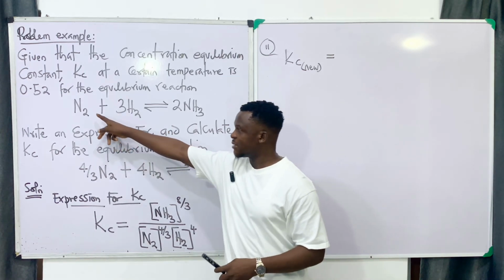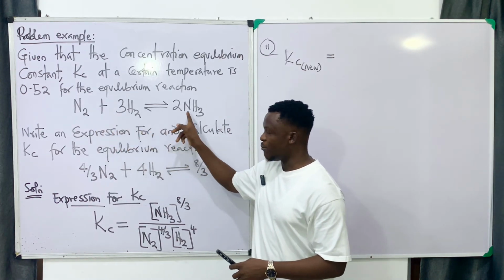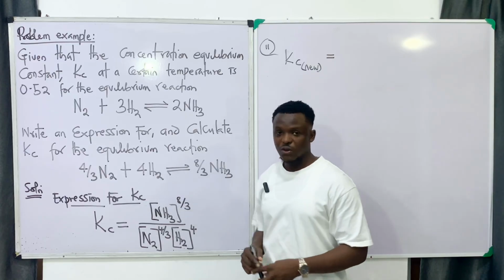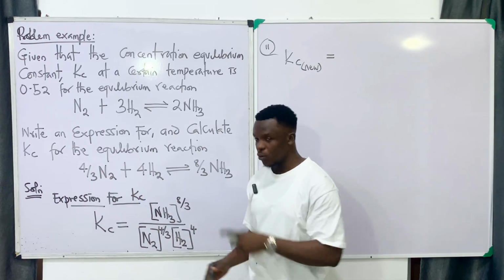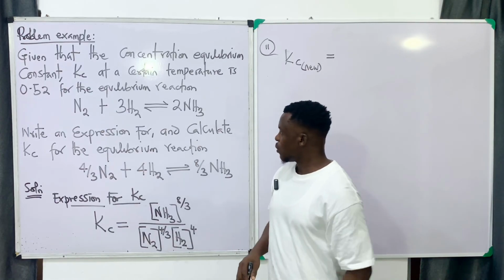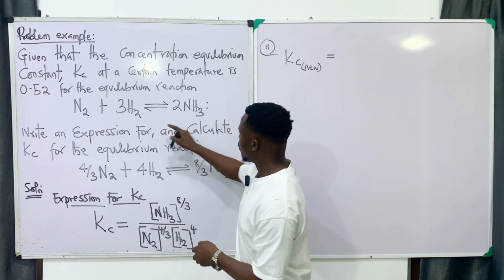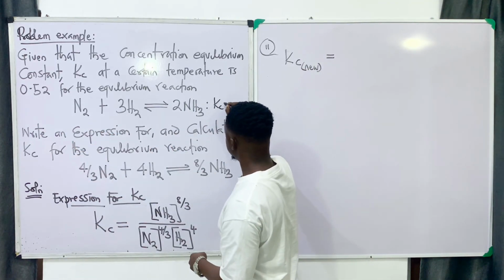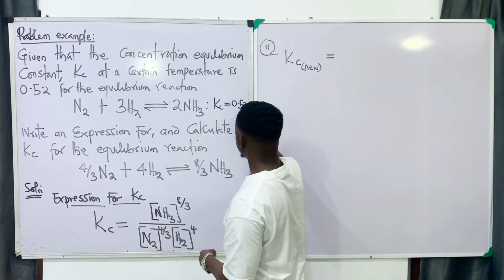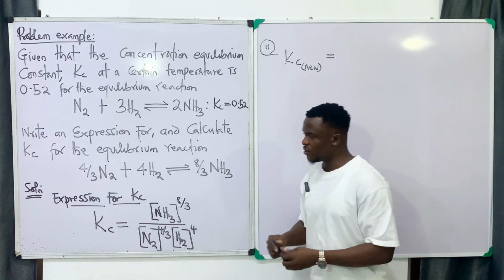Now, this one contains nitrogen, hydrogen, and ammonia. And of course, this one also contains nitrogen, hydrogen, and ammonia. The only difference is their moles, all right? So, they gave us the equilibrium constant for this equation to be 0.52. So, we'll say Kc for this is 0.52. So let's solve for that of this one.